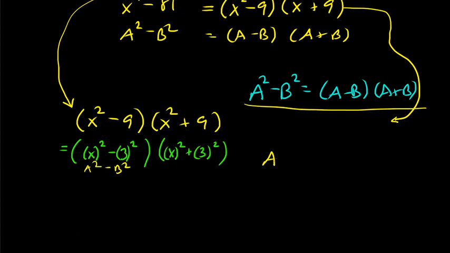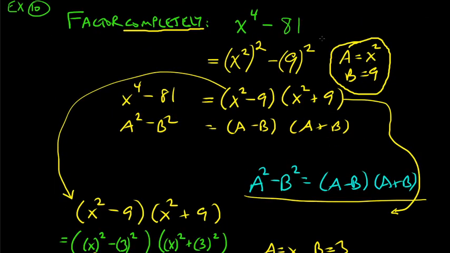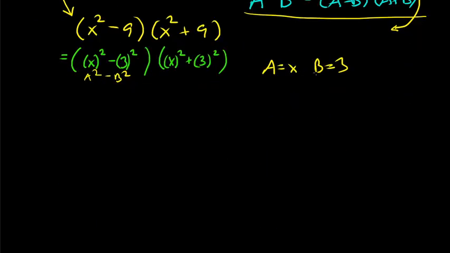But now my a is just x and my b is just 3. So different a and b from the original problem. The original problem, a was x squared, b was 9. Now a is just x and b is 3. So when we factor a squared minus b squared, we get a minus b times a plus b. So x squared minus 9 factors as x minus 3 times x plus 3.